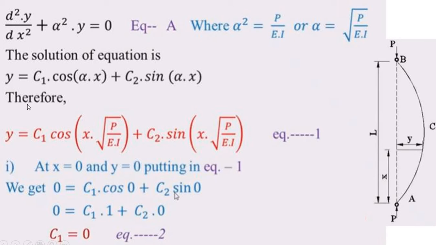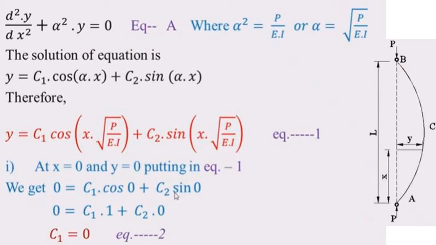Now substituting the value of alpha in the above equation, we have y equal to c1 cos of x into under root P by EI plus c2 into sine of x into under root P by EI. That is equation number 1.